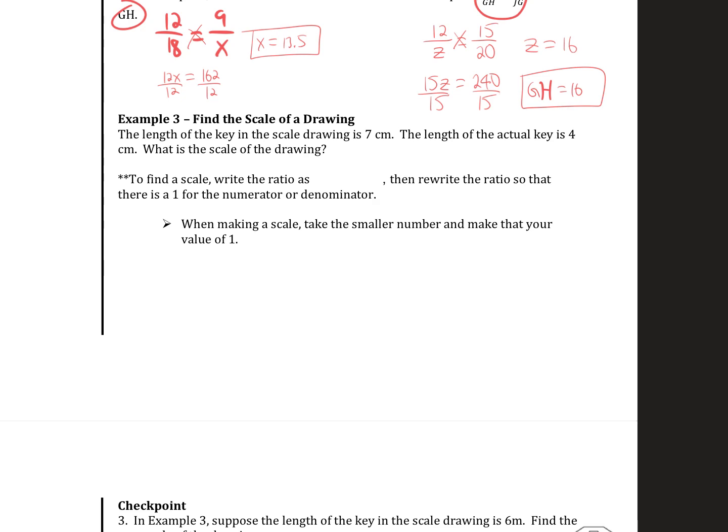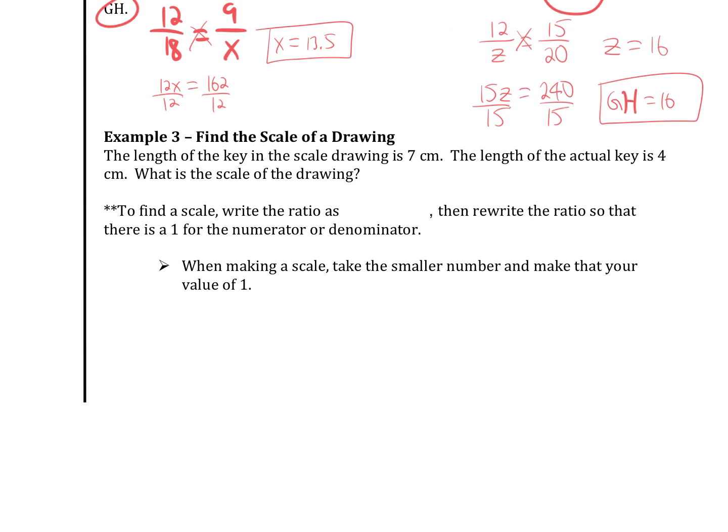So, example 3: the length of a key in the scale drawing is 7 centimeters. The length of the actual key is 4 centimeters. What is the scale of the drawing? To find the scale, we're going to write a ratio.